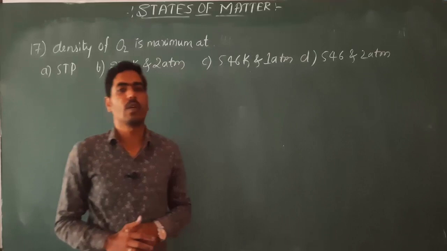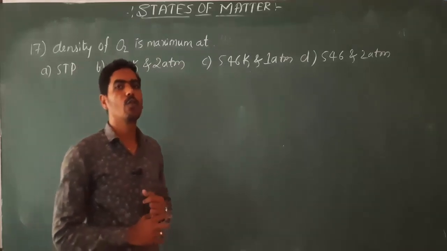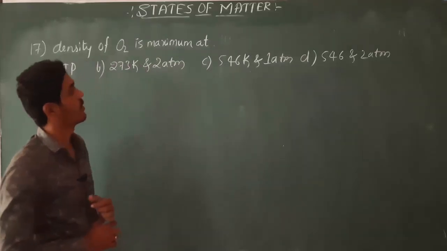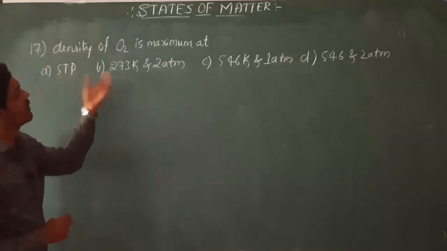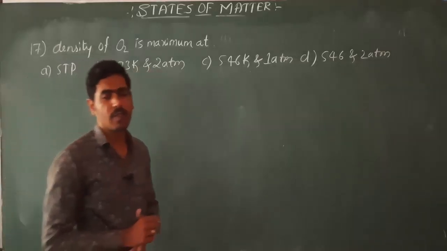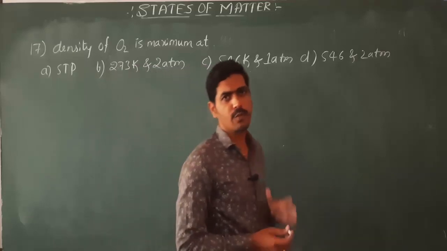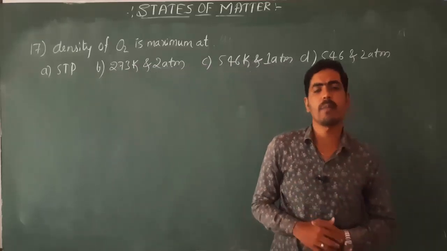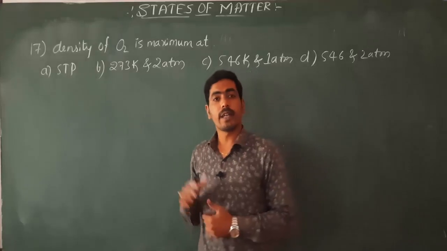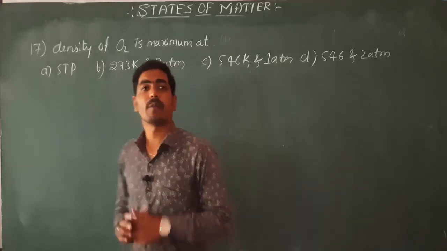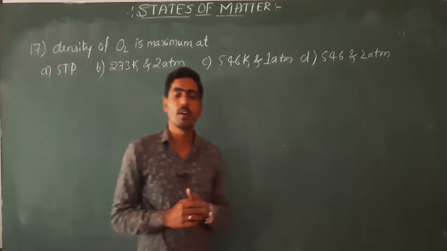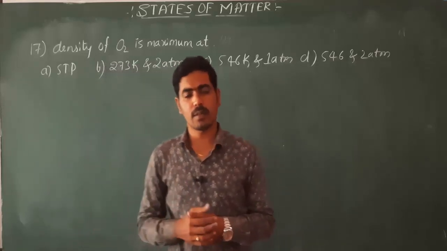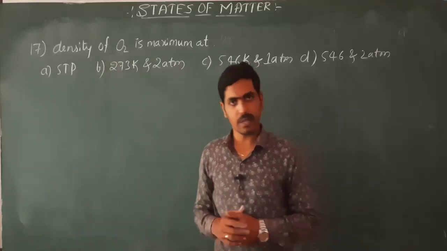The 17th one: density of O2 is maximum at... So remember, here they have given the temperature and pressure. Usually gases will have the maximum density when the temperature is low and pressure is high. Density ಯಾವಾಗ ಹೆಚ್ಚಿರುತ್ತೆ ಅಂತ ಹೇಳಿದ್ರೆ pressure ಏನಿರಬೇಕು ಜಾಸ್ತಿ ಇರಬೇಕು, temperature ಏನಿರಬೇಕು ಕಡಿಮೆ ಇರಬೇಕು.